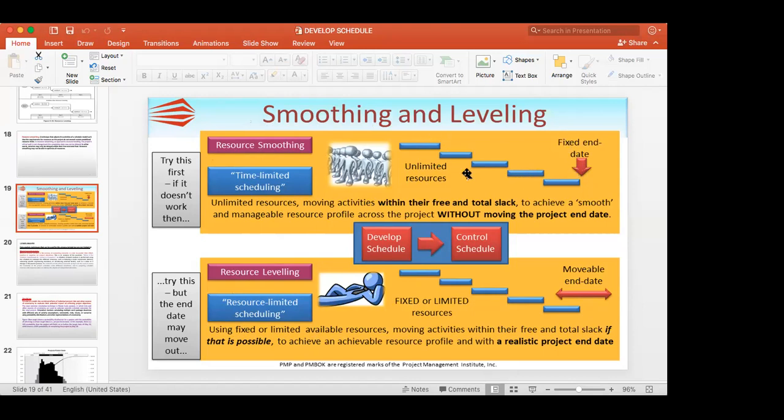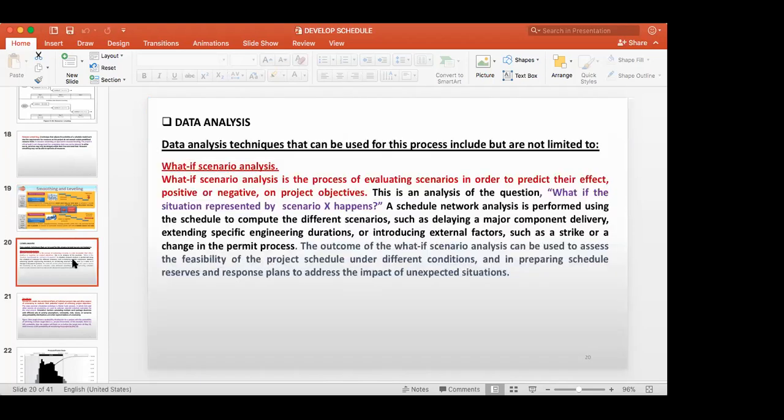If that fails, if you don't have resources and the company has limited resources, you put those in and try to move the schedule. So this is leveling, this is smoothing, because this you can't change. If the resources are fixed or limited, you can't do smoothing. Here, with unlimited resources, you can do the smoothing. So you try this one first, then go to this one. Right.